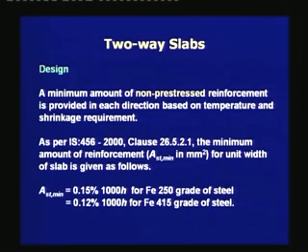As per IS 456-2000, clause 26.5.2.1, the minimum amount of reinforcement, which is AST minimum in millimeter square, for unit width of slab is given as follows. AST minimum is equal to 0.15% times 1000 times H for Fe 250 grade of steel, and AST minimum is equal to 0.12% times 1000 times H for Fe 415 grade of steel.